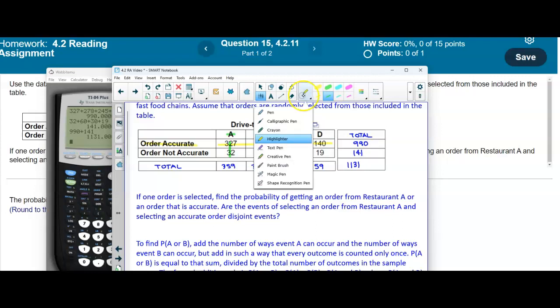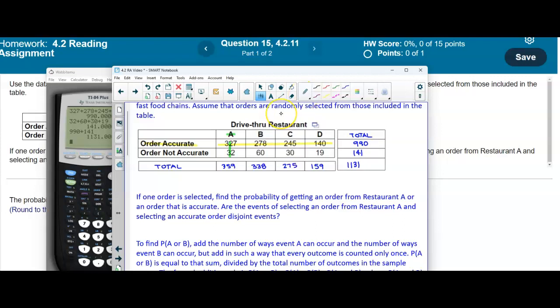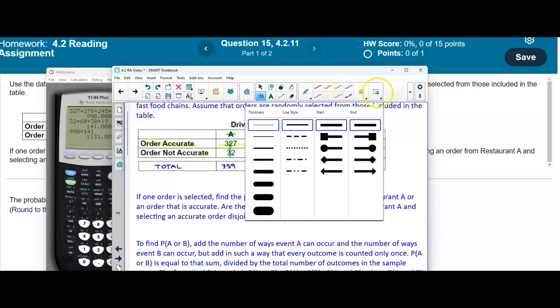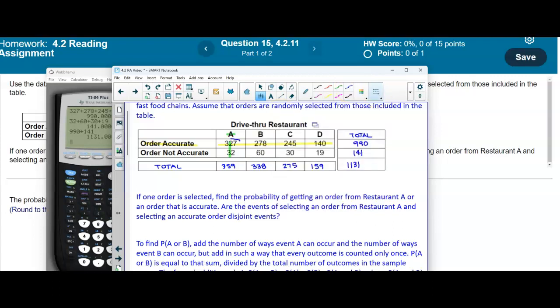If we take a look at this number 327, we cannot add that twice. If we add it with the row and the column, we're repeating a value that we cannot include. We can only include this 327 once. So the only number that we need to add from column A is 32, since the other is already accounted for.